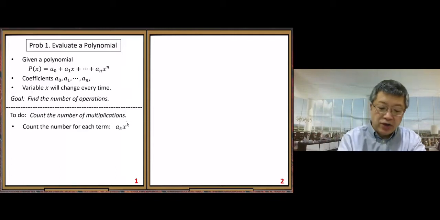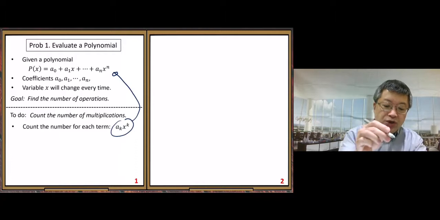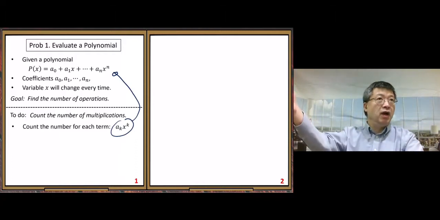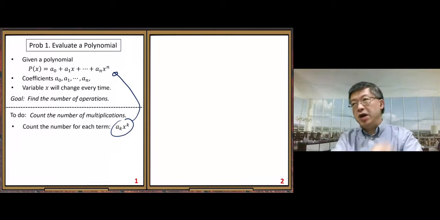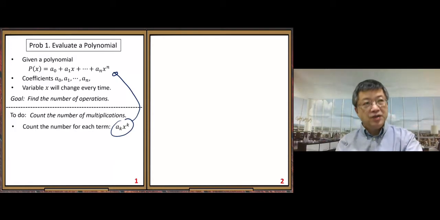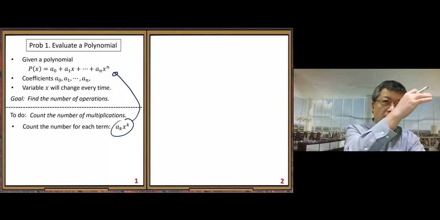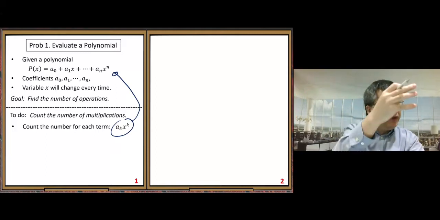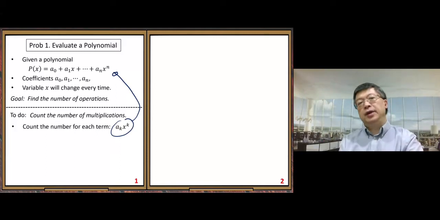So here, this is a representative general term in the original polynomial. If we can do it for this general term, then we can do it for all the terms. That's the usual way we deal with many different terms with similar properties.